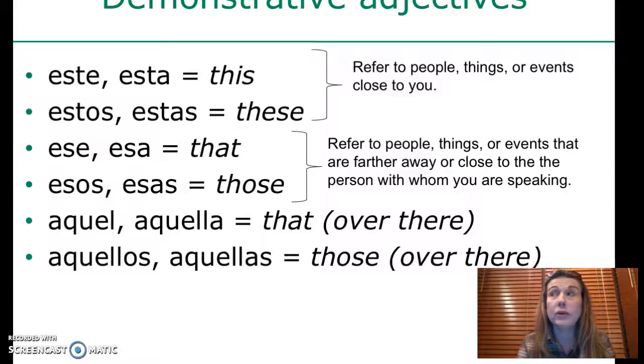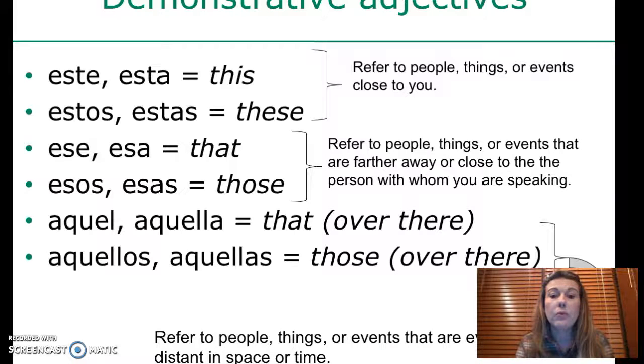Okay, so not near you as the speaker, but closer to the person you're speaking with. And these last ones refer to people, things, or events that are even farther off, right? There's even a larger distance in space and time. Either or. Okay, so we do have some words of location that go with these, and as we look at some examples, I will show those to you.